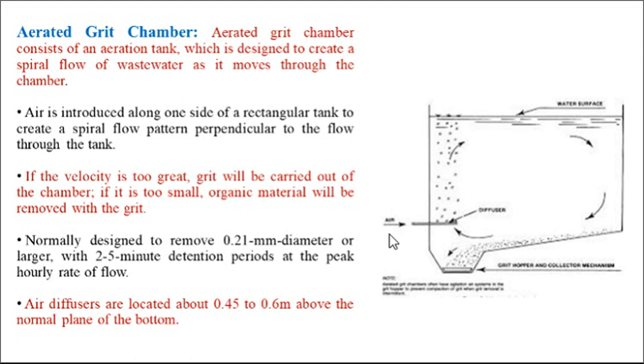This is the inlet for the wastewater, and from the bottom air is blown, and due to that the flow takes the direction like this, and due to this vortex flow, or we can say spiral flow, the coarser materials are thrown away and finally settle at this particular portion, where they are stored.